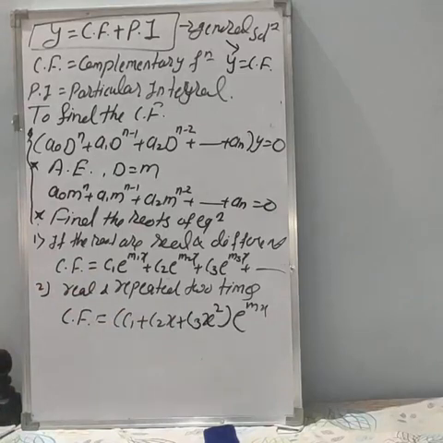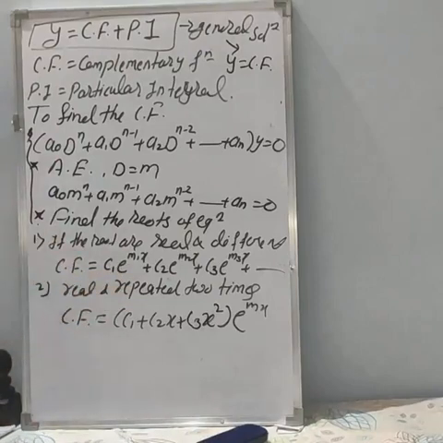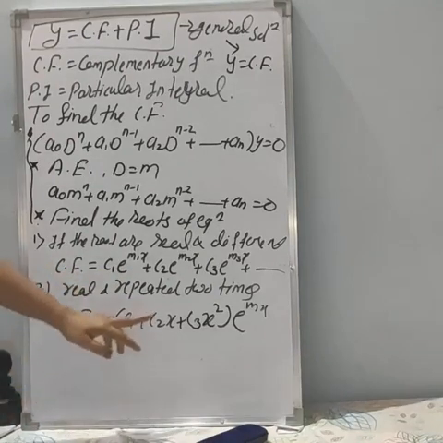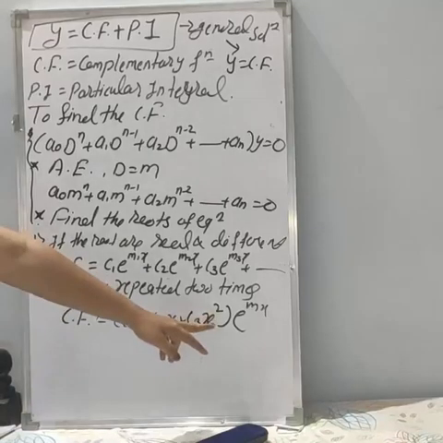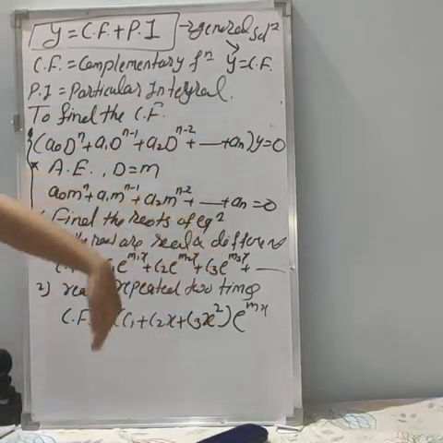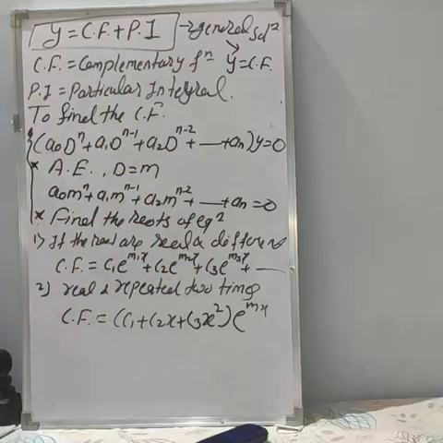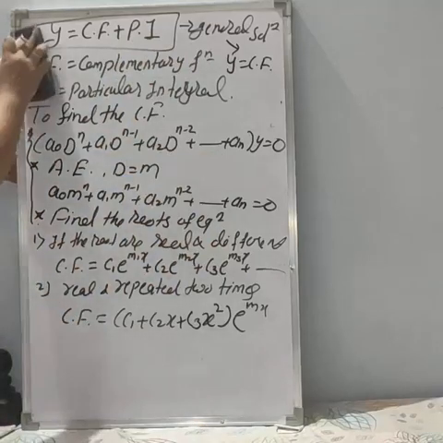Similarly, if it is repeated 4 times, though most of the time you will get only 3 or 2 times, you will get c1 plus c2x plus c3x square plus c4x cubed, times e to the power of mx. This is one case.